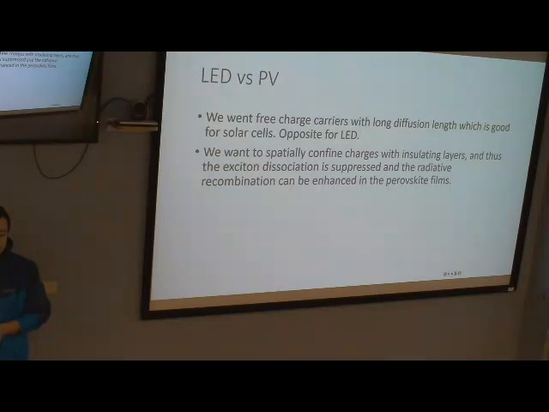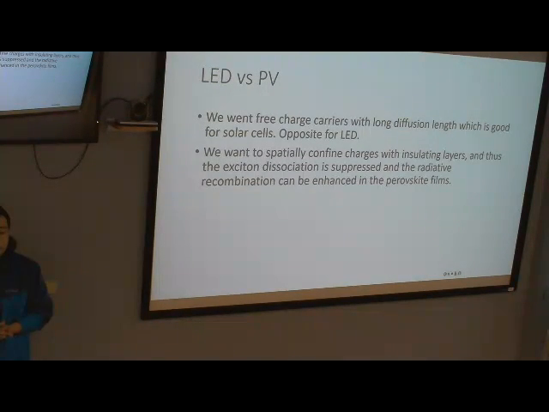Opposite trends for LEDs, so as I mentioned, one or the other. The difference too is we want to spatially confine these charges with insulating layers, and thus the exciton diffusion is suppressed, and the recombination can be enhanced.